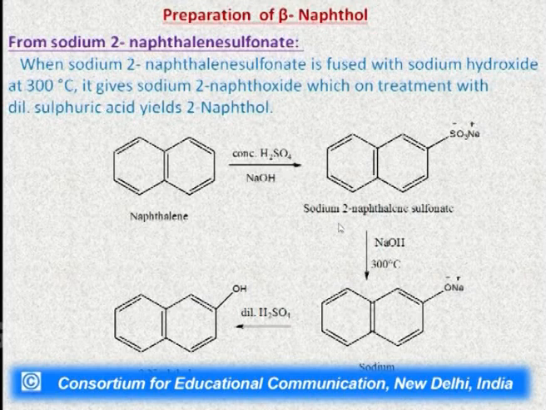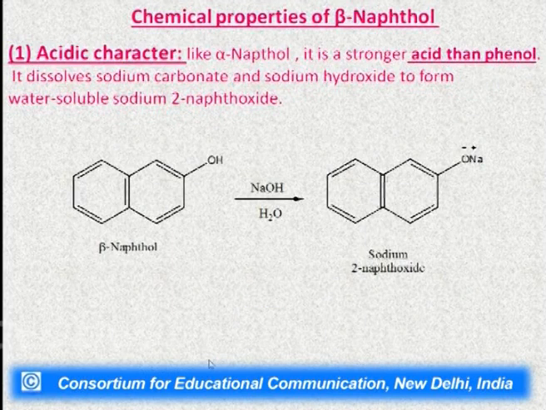The sodium salt of this beta sulphonic acid, called sodium 2-naphthalene sulphonate, on treatment with sodium hydroxide at 300 degrees centigrade will first give us sodium 2-naphthoxide. This is sodium 2-naphthoxide, which on treatment with dilute sulfuric acid will give us 2-naphthol, and we get here beta naphthol.